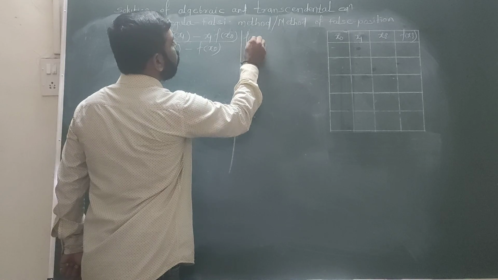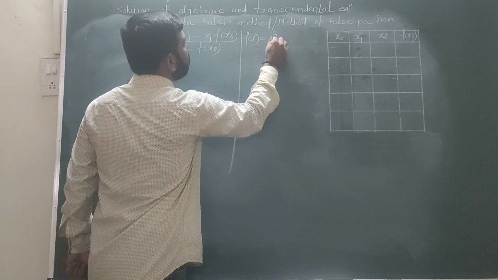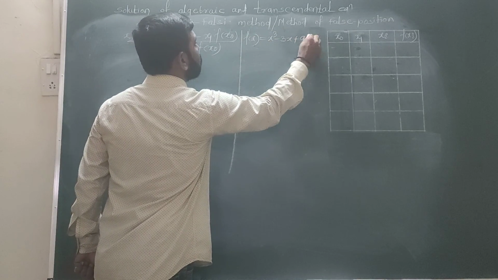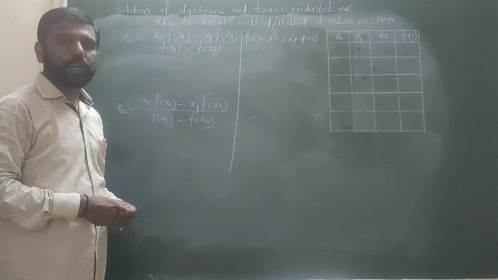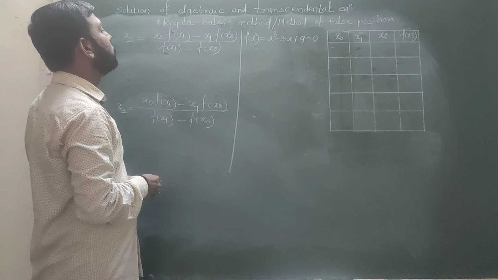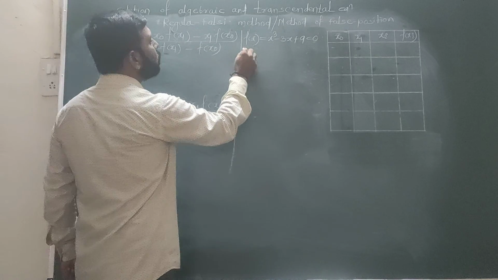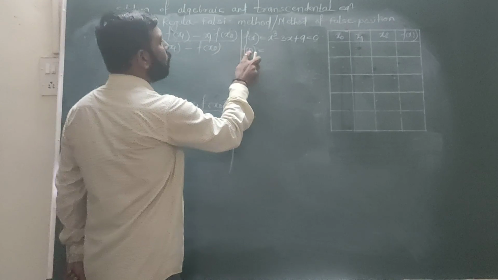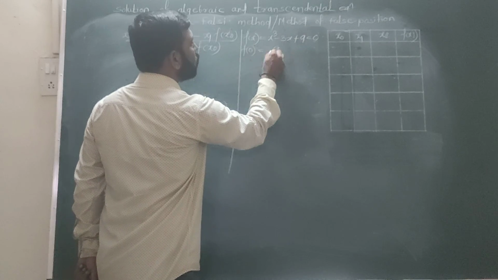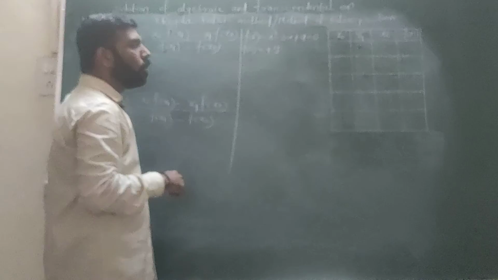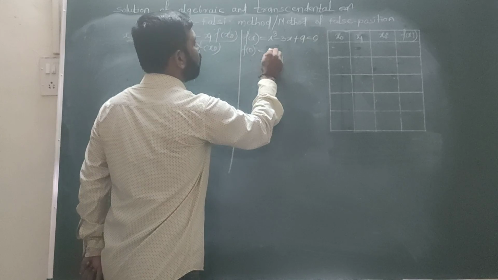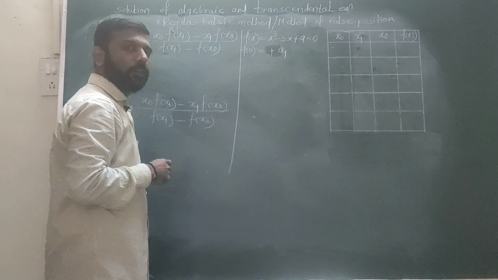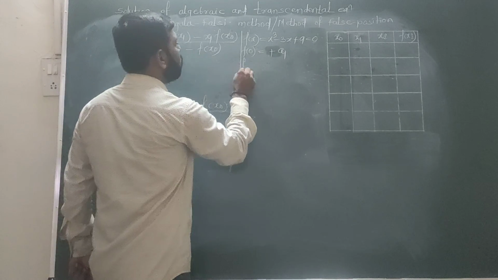Suppose we have a polynomial, and we have to find the root of that polynomial. So by using the RF method, first find the interval where the root lies. If you substitute 0 here, then the first value is positive.